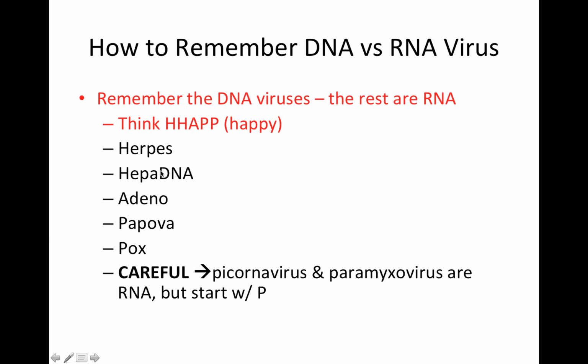The hepadna, I capitalized the D and A in there because that's a pretty slick way to remember that this is a DNA virus. It's right there in the name. But you've got to be careful with this method because there are a couple of P viruses that are RNA viruses. Picornavirus and paramyxovirus are RNA. So you have to be careful about that.